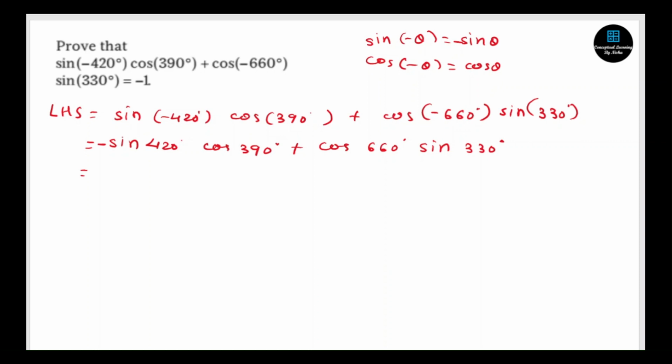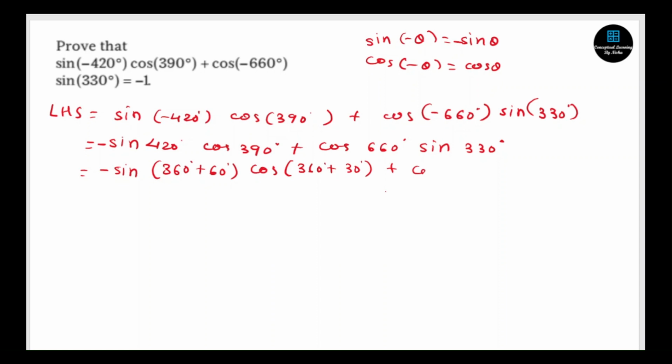Now we have to use allied angles. So minus of sine, now this is 360 plus 60. Then cos 360 degree plus 30 degree.